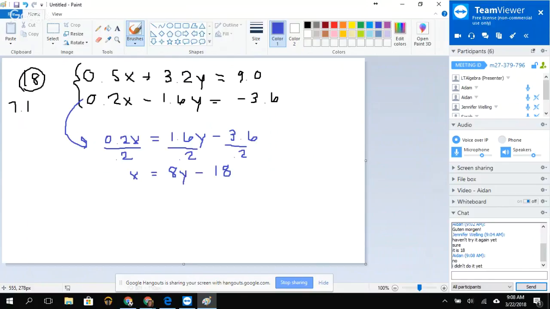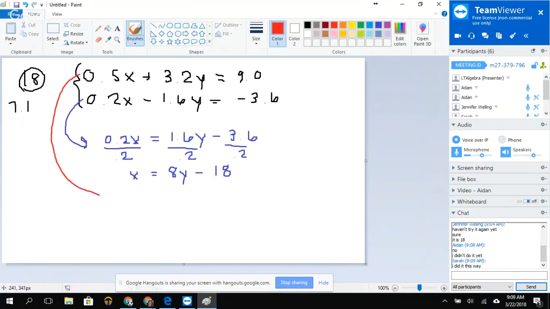All right. So now we've solved one equation for one variable, right? Then we're going to substitute that equation into our other equation. Okay. So let's plug it in and let's color code it. So this is our first equation, right?